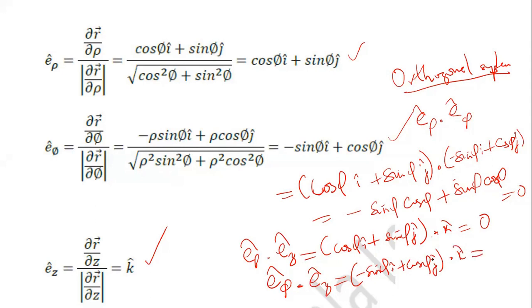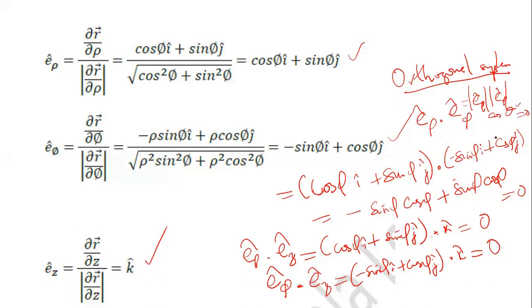This is i dot k is 0, j dot k is 0. So this is also 0. So that means when you take a dot product between all these three tangential unit vectors in a cylindrical coordinate system, they are mutually perpendicular, because the dot product, as you know, is the magnitude of the first vector, magnitude of the second vector, and cosine of the angle between them.